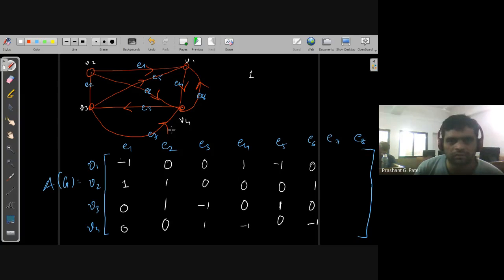For E7, 1 for V3, out of V4. And for E8, going into V1 it is -1, and out it is V4. So this is the A matrix you will have.